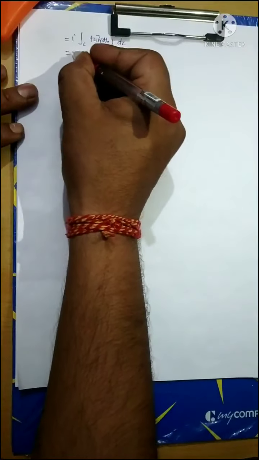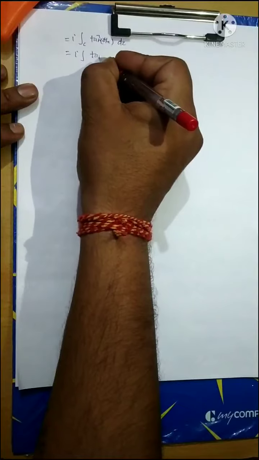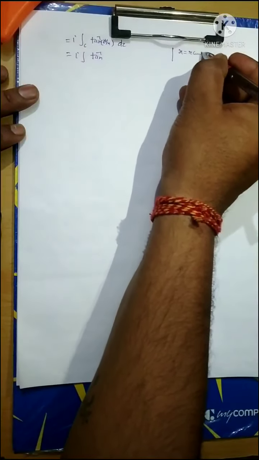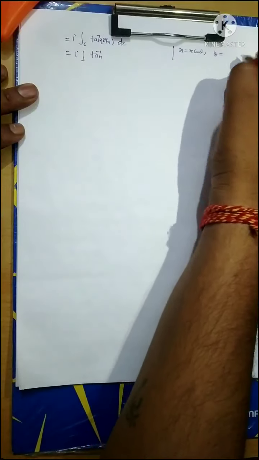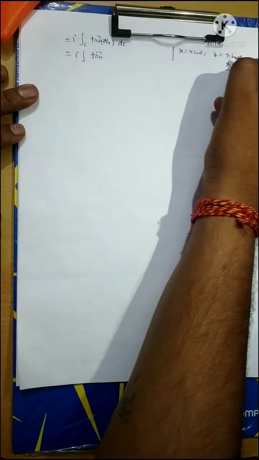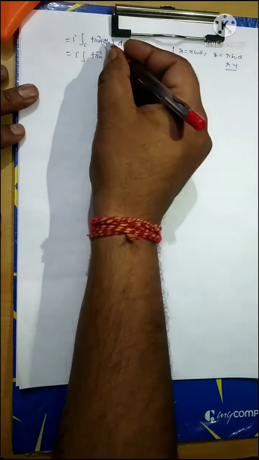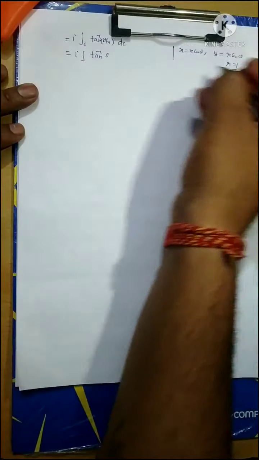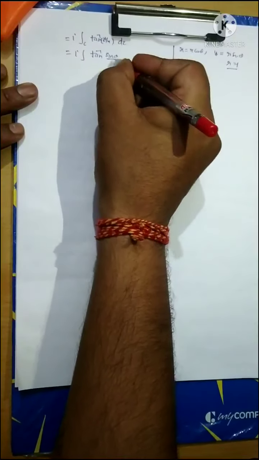Now by polar coordinates, x is equal to r cos theta, y is equal to r sin theta. Now r is equal to 1 for the given unit circle, therefore for y we put sin theta upon cos theta.